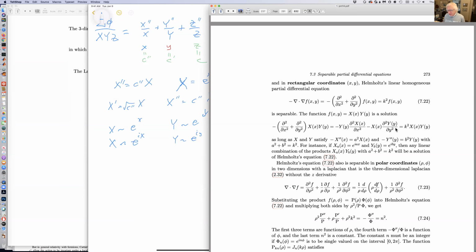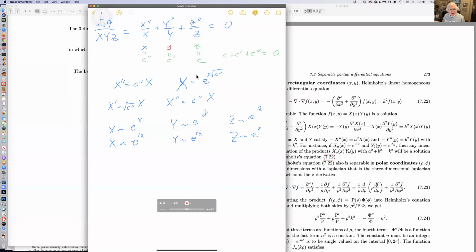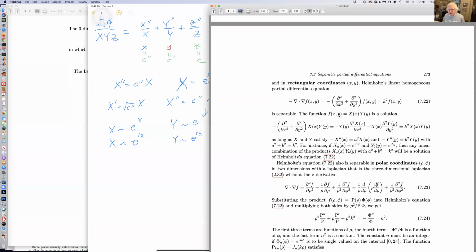And so then we use a technique like this. We just set f equal to capital X, capital Y, differentiate, and we get this. Then we divide by X times Y, and we get two equations, one for capital X, one for capital Y, and they solve the original equation if a squared plus b squared is k squared.